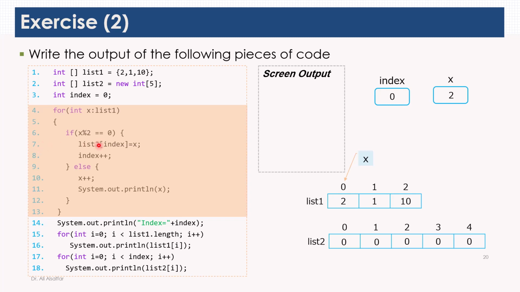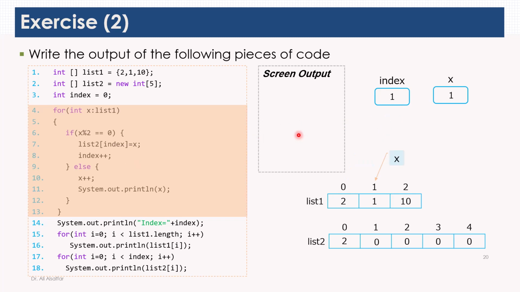In line 7, we are moving the value of x, which is 2, into array 2, but at index, the value of index. Value of index is 0, and list 2, this is the array. So in fact, we are moving 2 into the first element of array list 2. In line 8, we are increasing the value of index, and index was 0, now it will become 1.